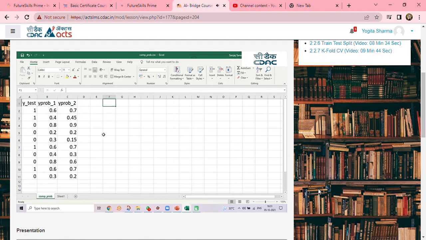Considering the thresholds, our ones and zeros series is generated with a threshold of 0.5. What does this mean? If this probability is bigger than 0.5, it is more probable that it is 1. If this probability is less than 0.5, it is more probable that it is 0.